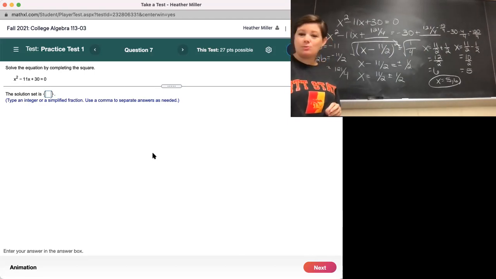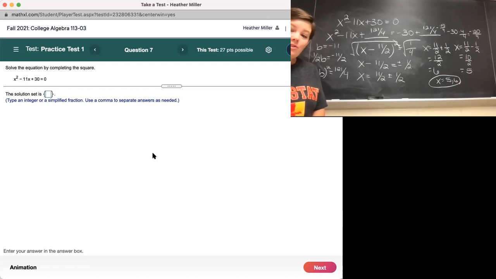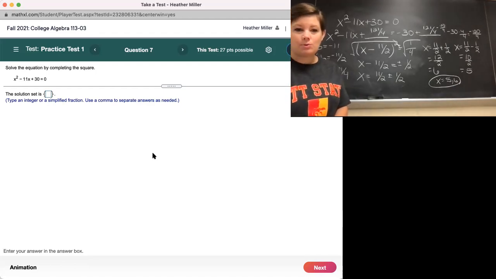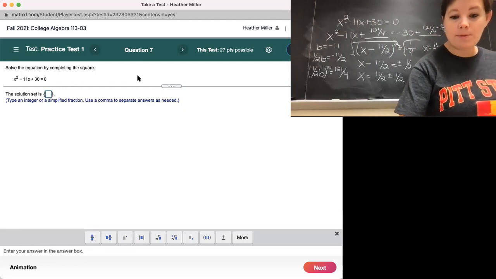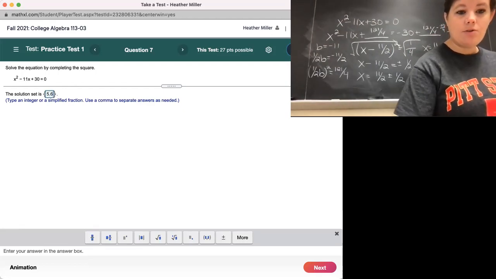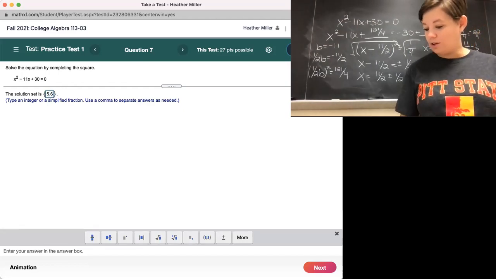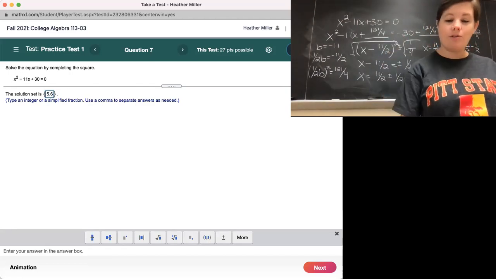I guess a word of caution. Obviously, I have no idea if you complete the square. If you're doing this at home, I don't demand that you turn in scratch paper or anything like that. So I would have no clue if you did it this way or if you factored it.